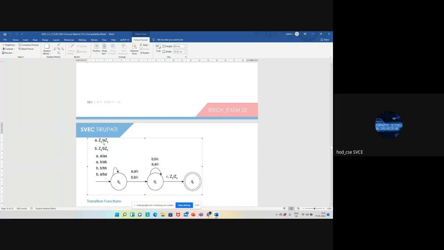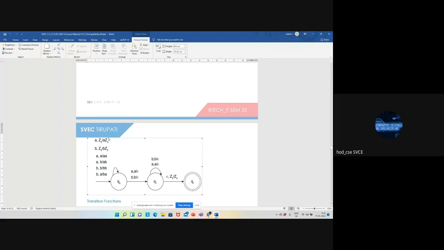If A is read, before that Z0 is the only symbol in the stack, so the stack is empty. Once it reads A, we push that A onto the stack.